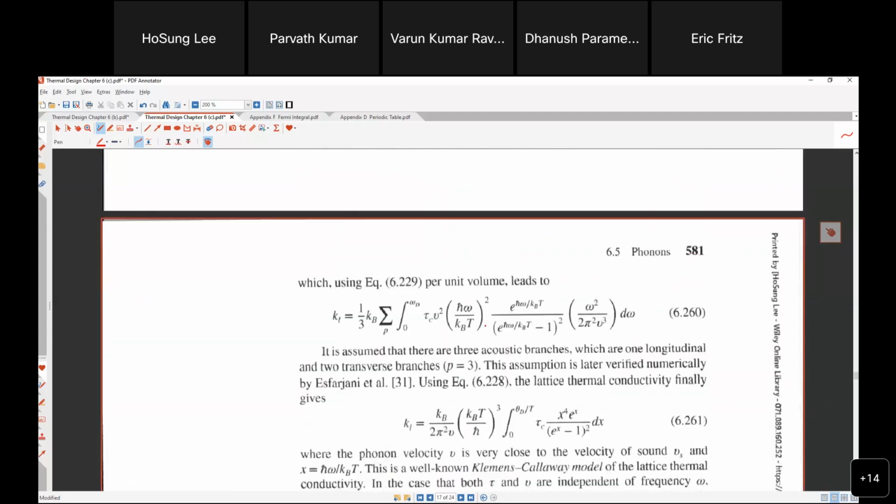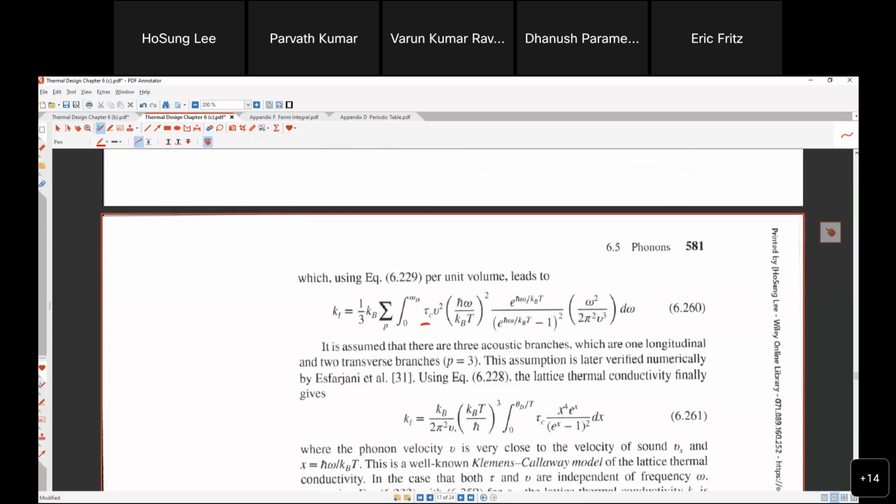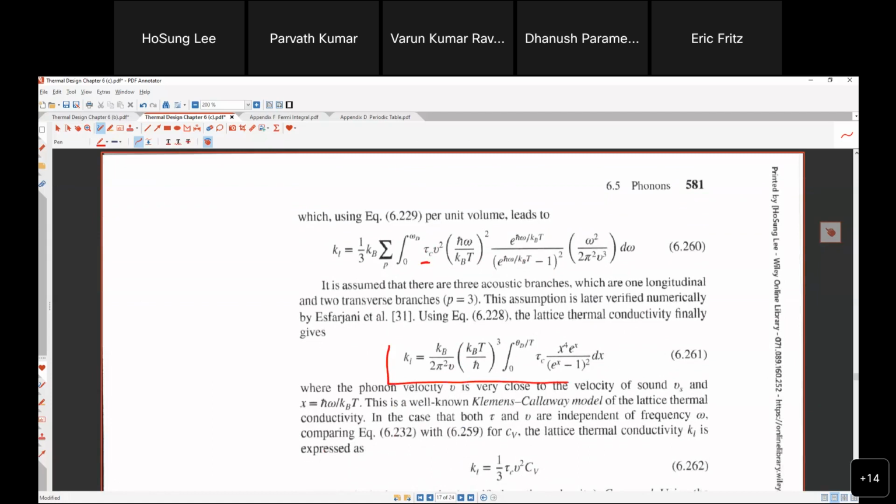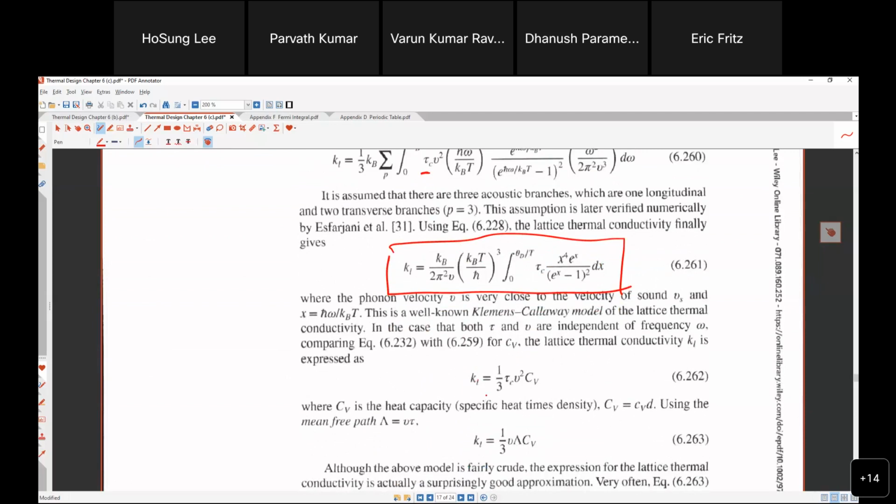This is just to develop using Bose-Einstein distribution, but still, yes, the relaxation time of phonon, and then finally, oh, this is the thermal conductivity. Okay, X is this. So, wow, we understand lattice thermal conductivity.